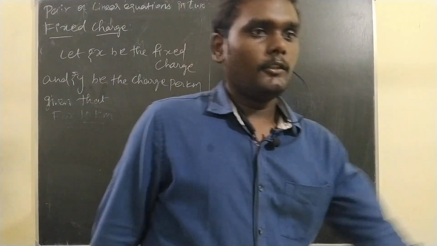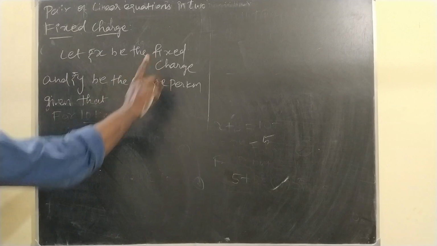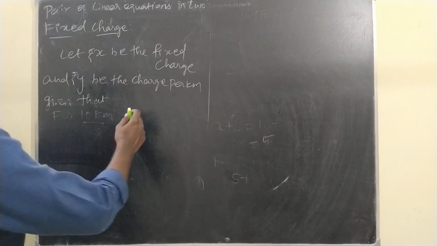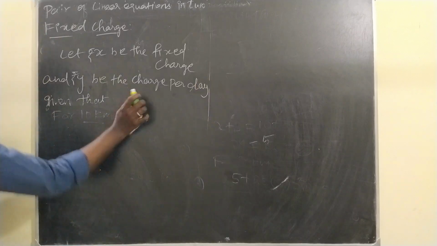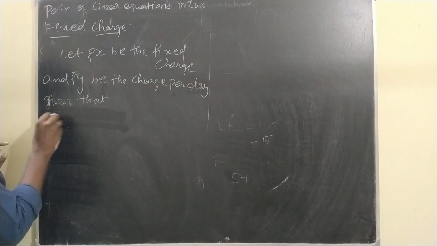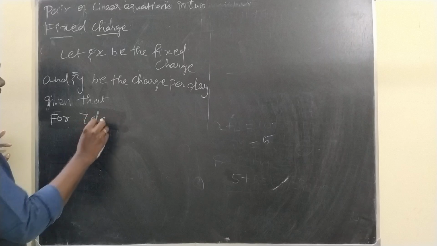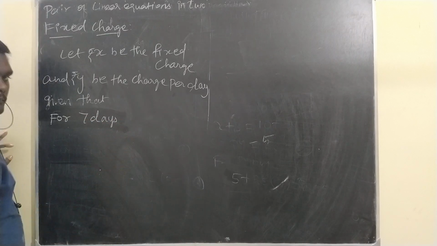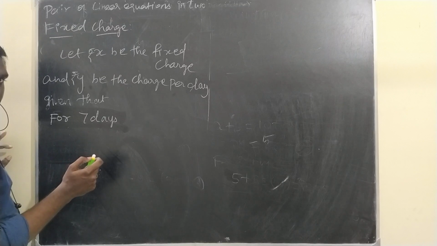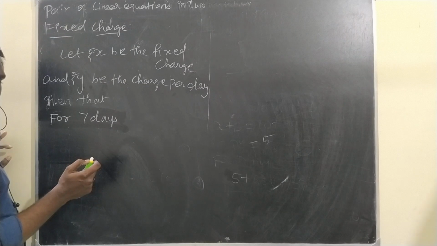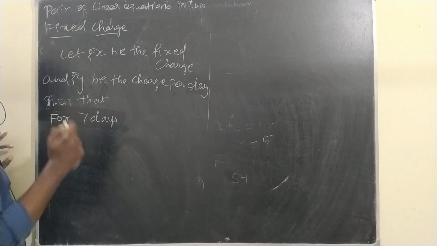3 days. After that, for each extra day, the person has to pay the cost per day, right? Same thing. So x is the fixed charge here, y is the charge per day. Now, very important, given that for 7 days Sarita paid 27 rupees.